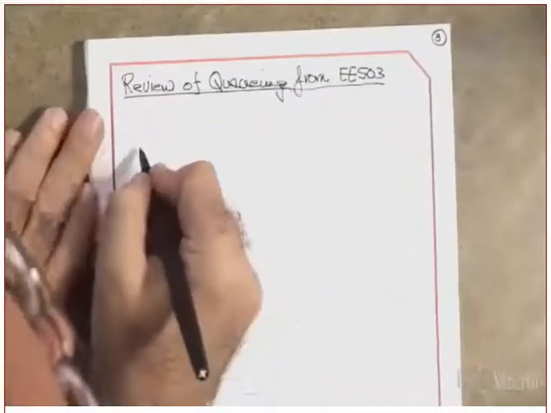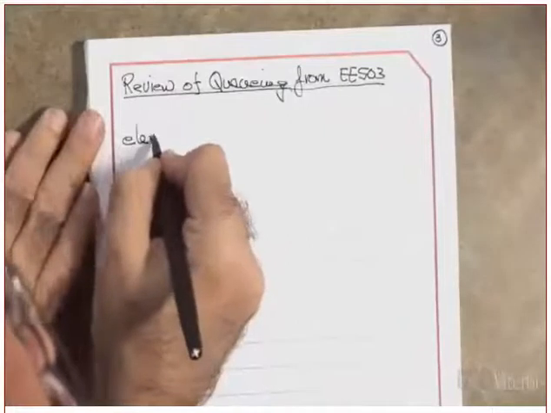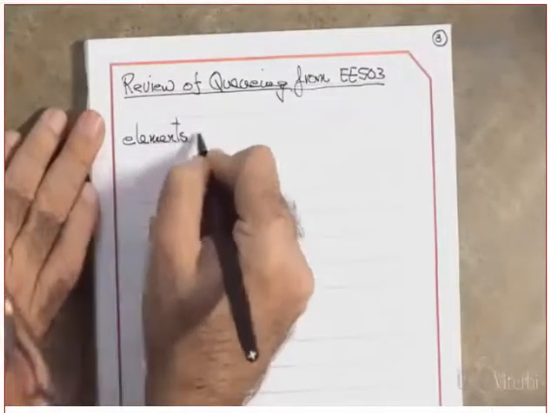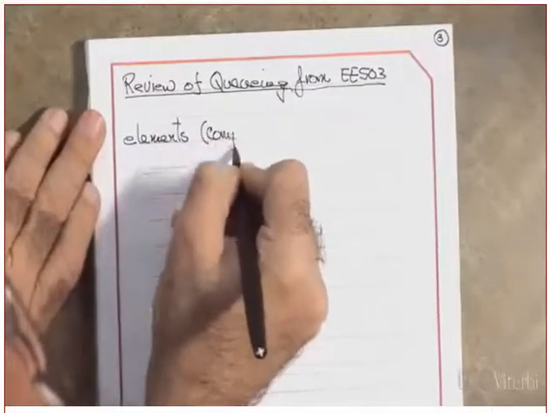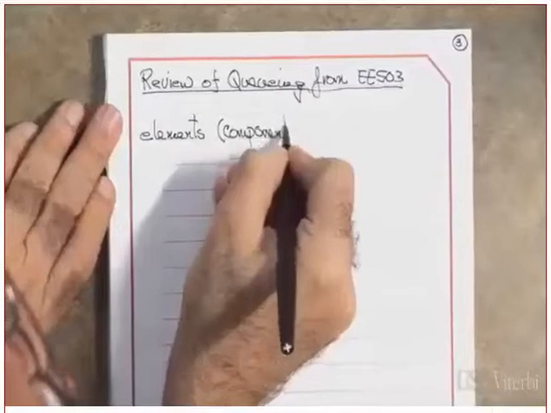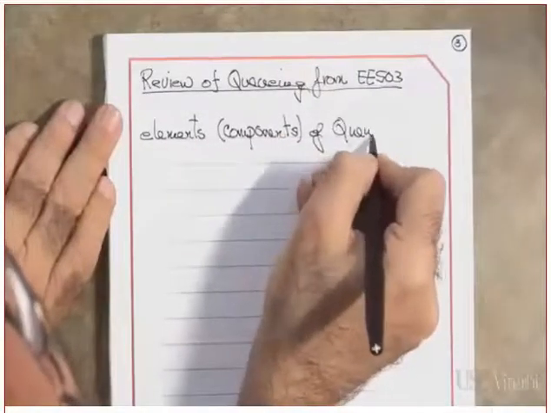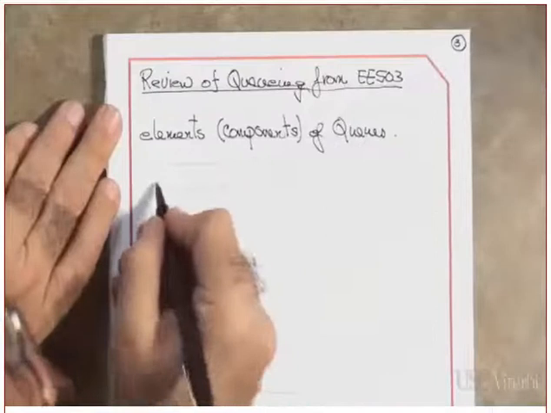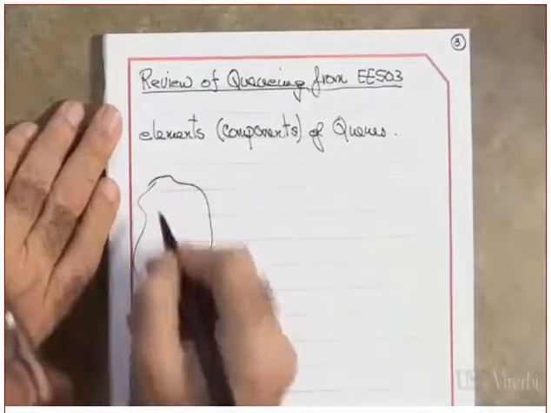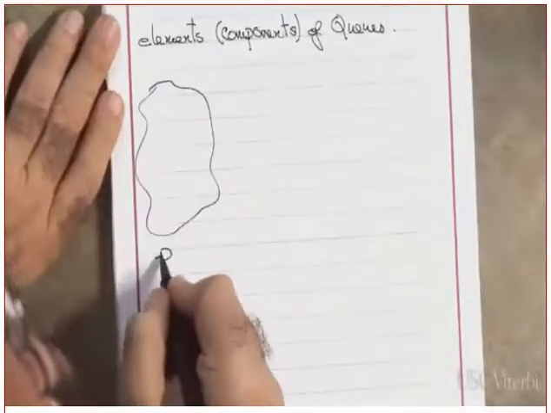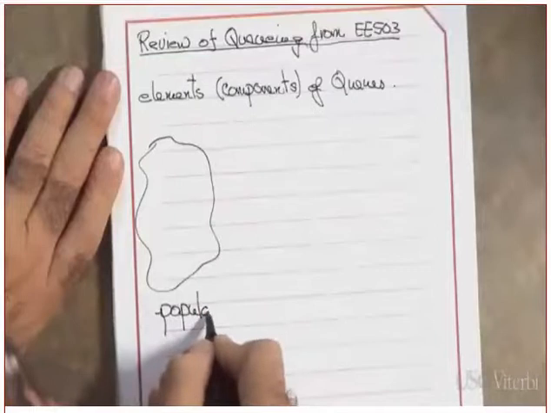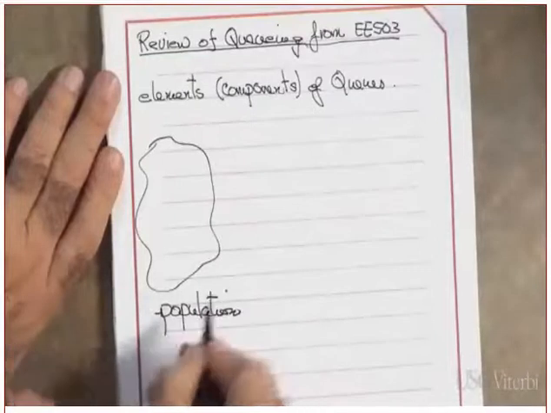Okay. Now, what are the elements or components of a queue? What do we have? The first part is what is referred to as the population.